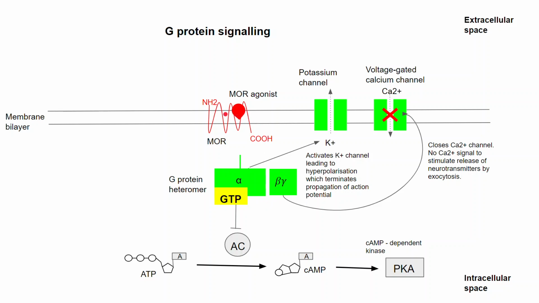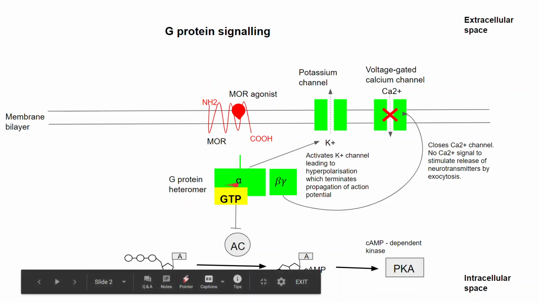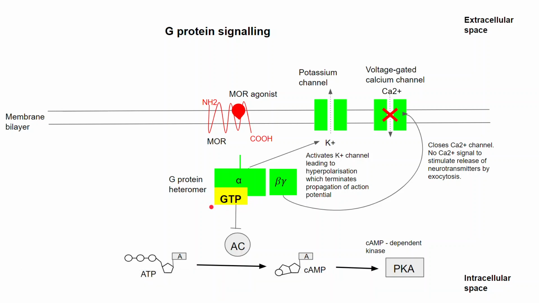So when the agonist binds to the mu-opioid receptor, it induces a conformational change which is propagated across the membrane bilayer and ultimately leads to activation of the G-protein heteromer. And you can tell that this is activated because it's bound to GTP. So when it's activated, GTP exchanges and replaces GDP, which would be in the inactive form.